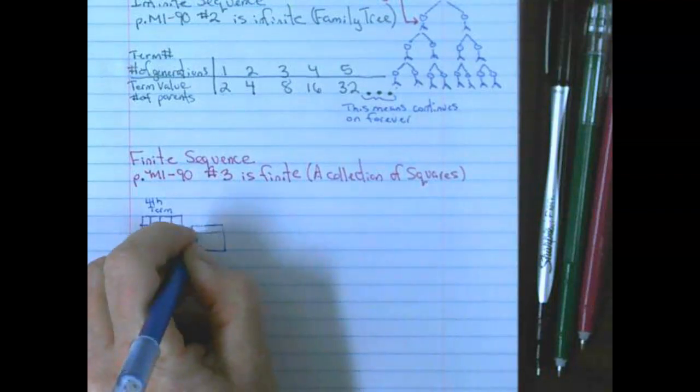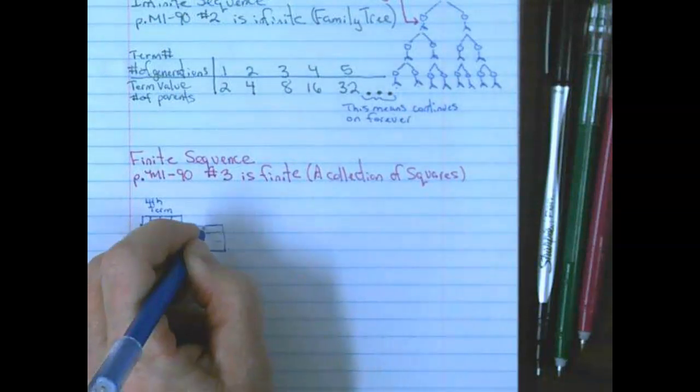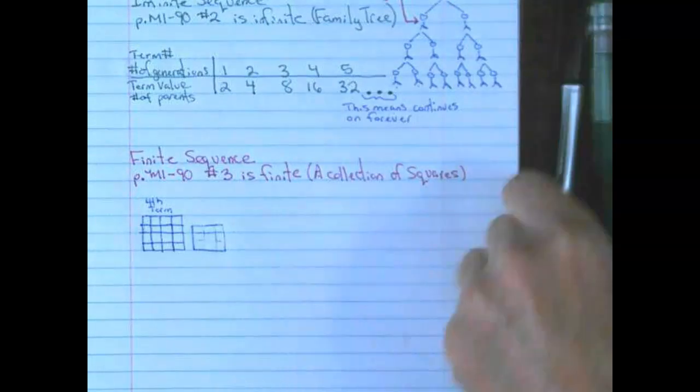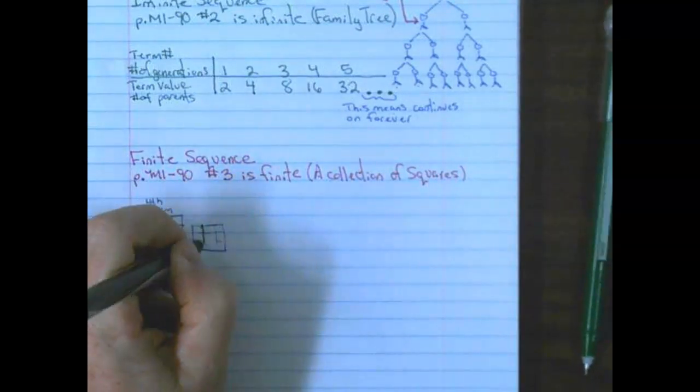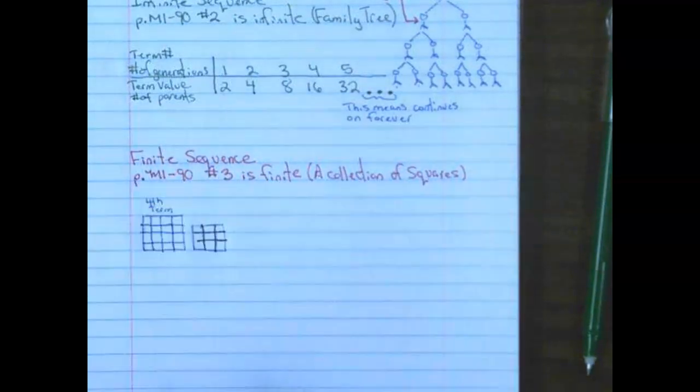So I'm going to do thirds. My pen is dying. To switch colors here. So there's 9 squares. 3 by 3 makes 9 squares.